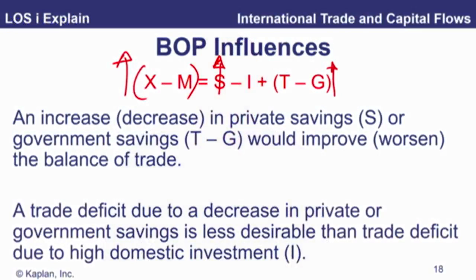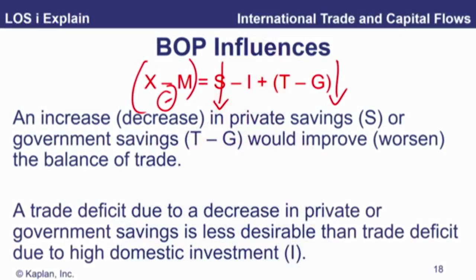Now, final point to mention on this slide: trade deficit due to a decrease in private or government savings. So we have a trade deficit, so this is turning negative. Why is that? Well, it could be due to a decrease in private or government savings. Well, that's bad news for the government because they're heading towards a budget deficit. Bad news for savings. Well, people aren't saving. There's less investment.